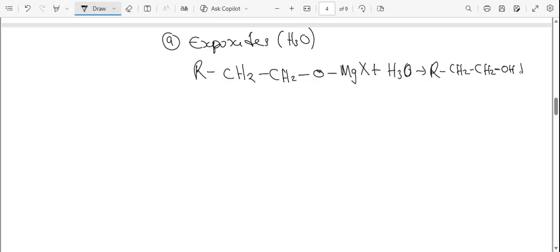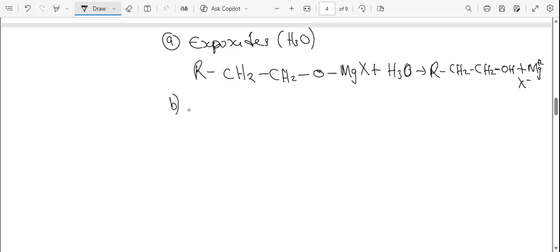Then this guy will just dissociate: magnesium 2 plus, and also the X which is negative. The goal is just to form alcohols from epoxides. So you tell me what type of alcohol. Is it tertiary, secondary? You guess it from there. All right, so that is it.